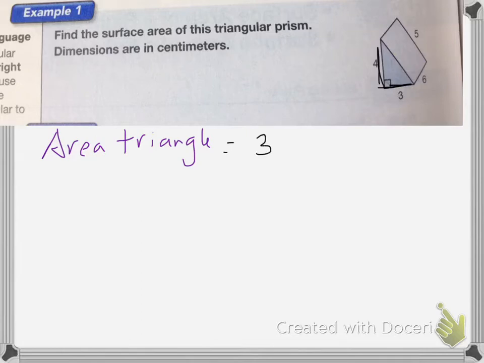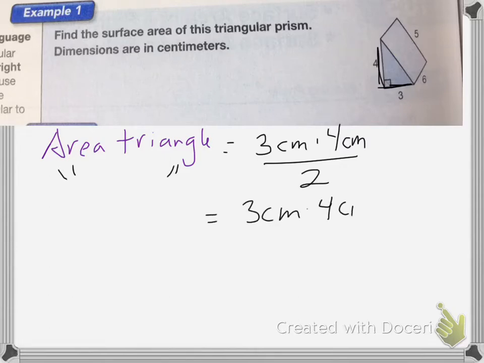So it's going to be 3 centimeters times 4 centimeters divided by 2. Now I have two of those triangles, so I'm going to do it again. 3 centimeters times 4 centimeters divided by 2. So that is equal to 6 centimeters squared.